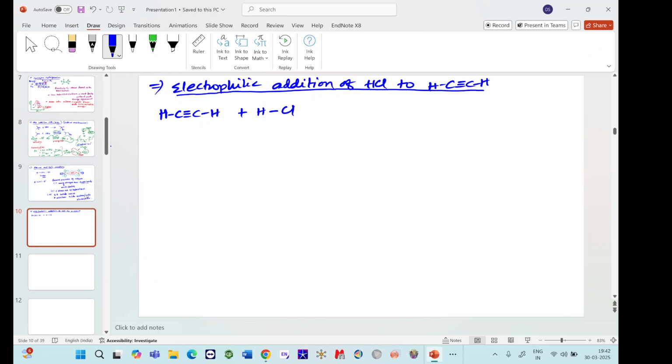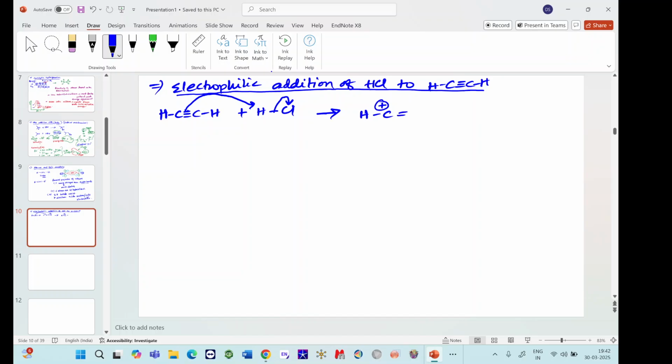So we already studied for the alkenes how they reacted. So similar way, you can think of an electron density from the triple bond. It will go and attack the proton. This bond will break and it will give the electron density to the chlorine. So then what you will have here is HC, and the positive charge will be on this atom.